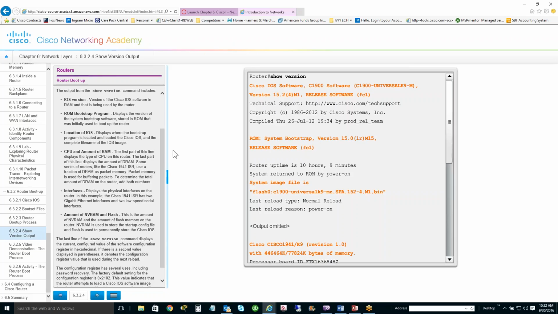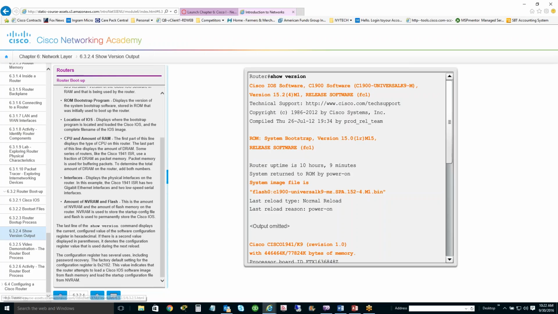So it's all there. You just have to basically dissect it, and this section here kind of helps you figure that out.